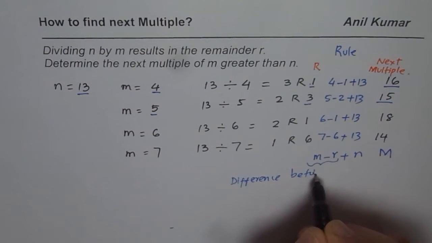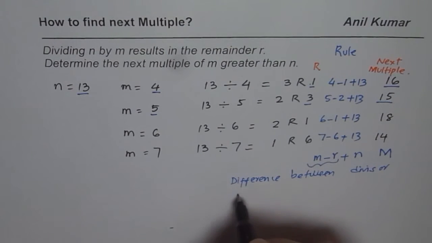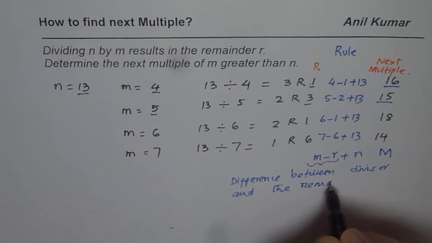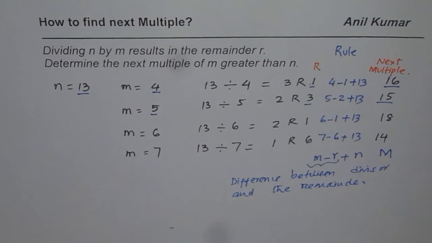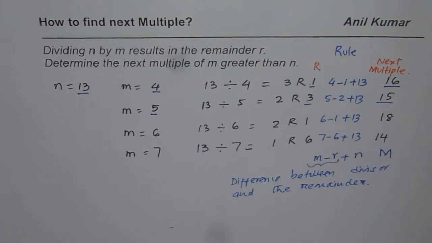When you add that to the original number, you get the next multiple. Is that okay? That is how you get the next multiple. I hope that helps.